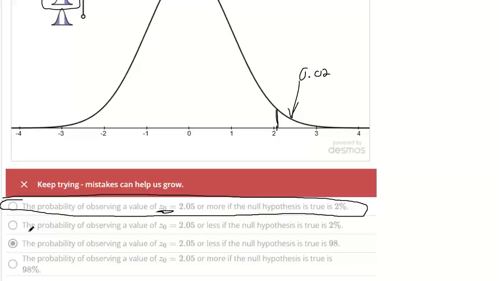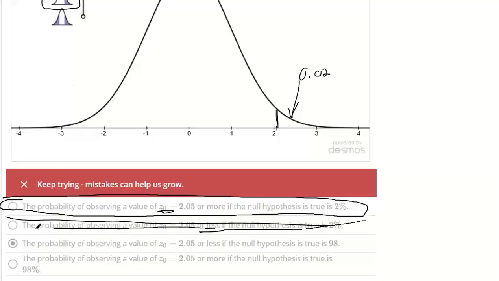Let's see why the other ones are wrong. The probability of observing a value of the z-score or less, that would be a left-tailed test. That's why we ruled that one out. Same thing here, or less, it's a left-tailed test. Let's see, the probability of observing a value of z equals 2.05 or less if the null hypothesis is true is 98%.